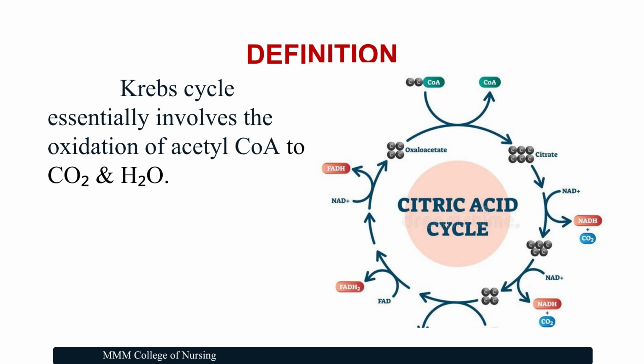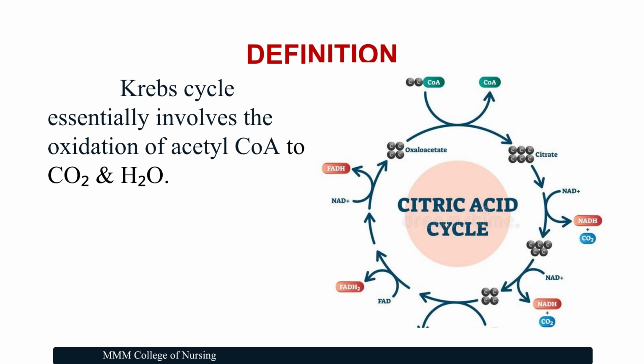Those electrons are captured by molecules like NAD+ and FAD. NAD means nicotinamide adenine dinucleotide and FAD means flavin adenine dinucleotide. They carry the energy to the next stage, the electron transport chain, where ATP is produced.